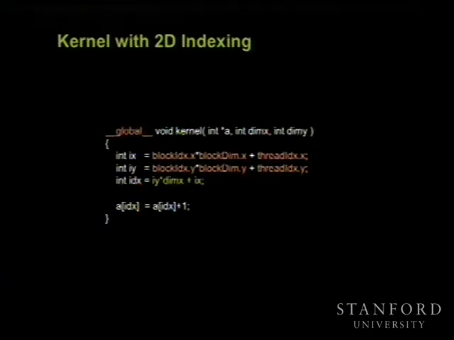If you're working on a picture, it's very natural to say I'm going to be working on blocks of pixels. Then you can calculate where you are in this two-dimensional image very simply, and it hopefully simplifies your thinking about what your thread is doing and where it is in the global space.